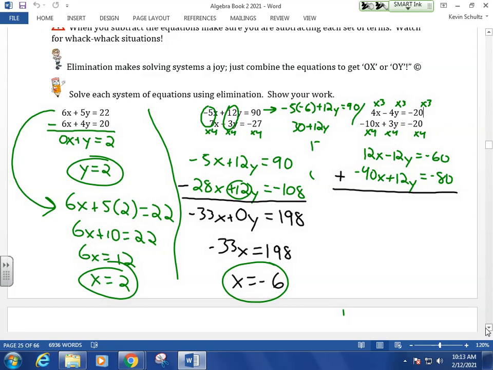So 12 plus negative 40, which is the same as 12 minus 40, that gives us negative 28x. Negative 12 plus 12 gives us 0y. And negative 60 plus negative 80, which is the same thing as negative 60 minus 80, is negative 140.